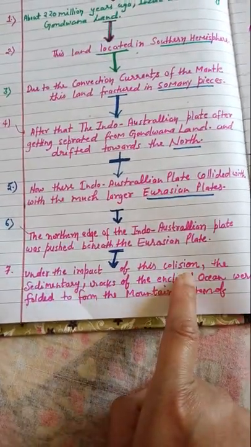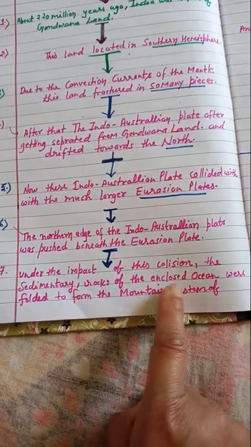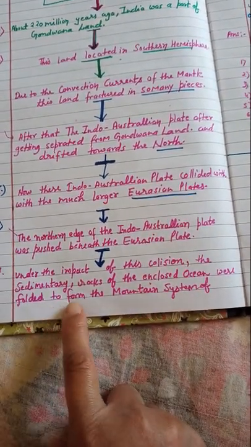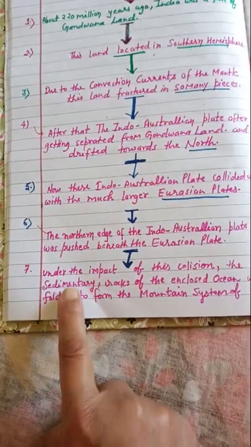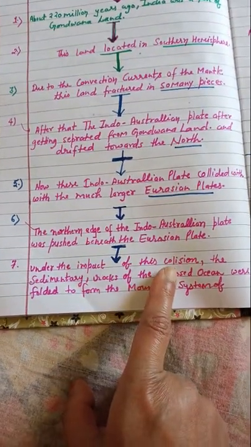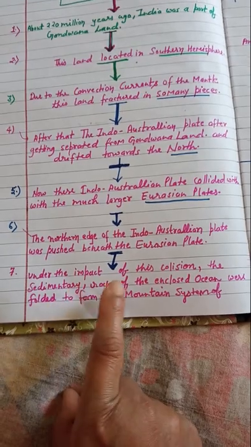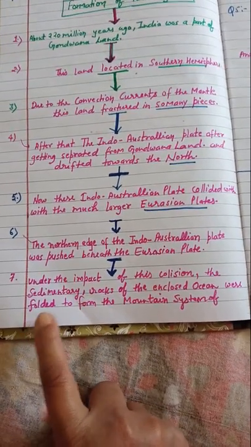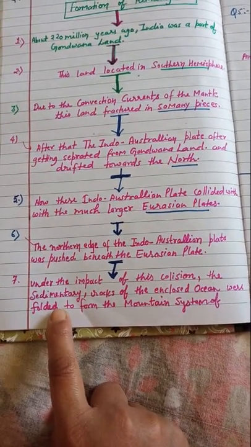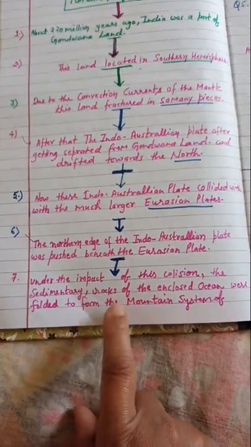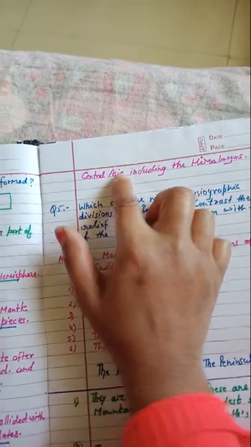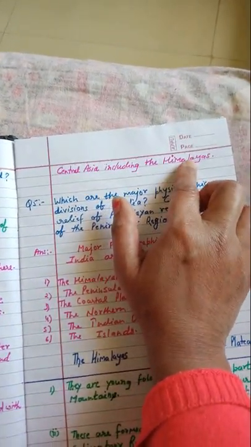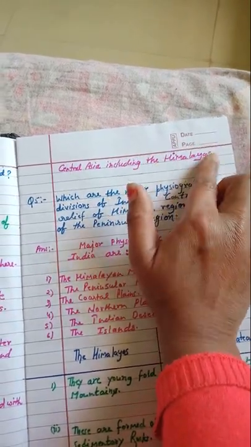Under the impact of the collision, the sedimentary rocks of the enclosed ocean were folded to form a mountain system of Central Asia, including the Himalayas. The sedimentary rocks get folded and form the mountain system, which included the formation of the Himalayas, and in this way the Himalayas were formed.